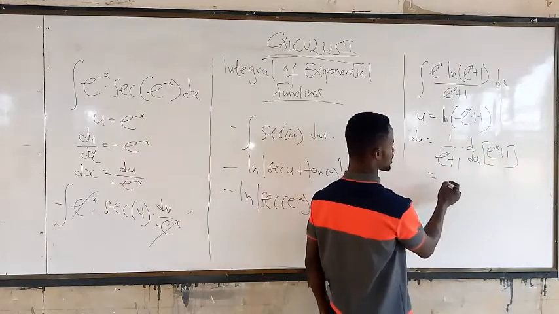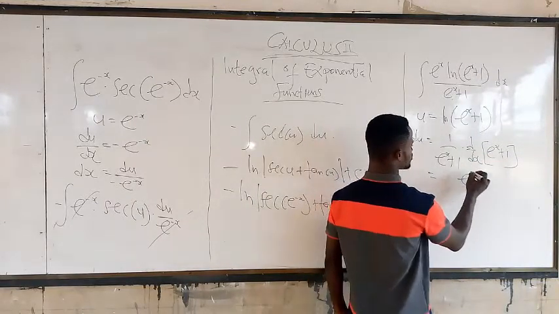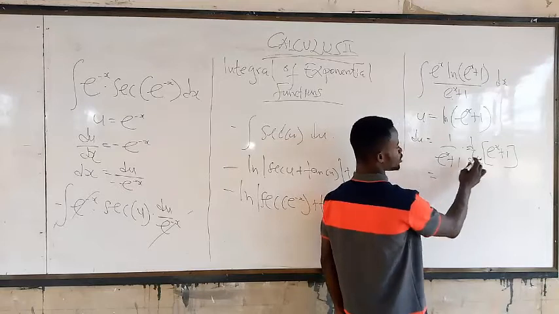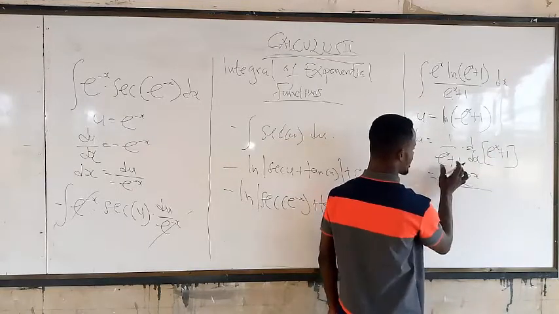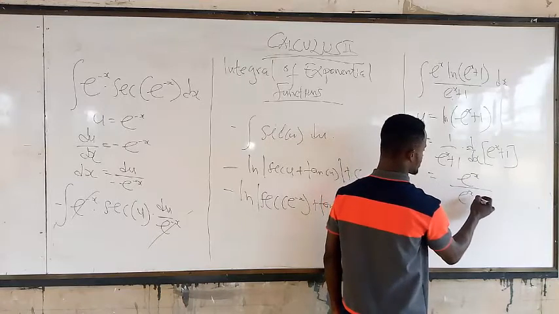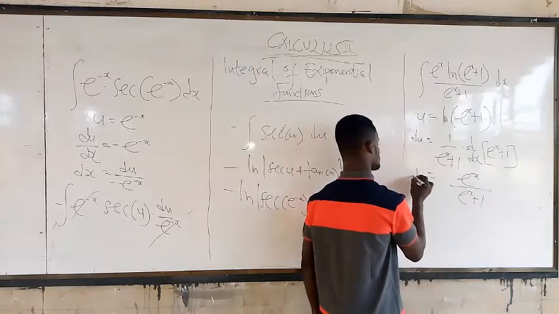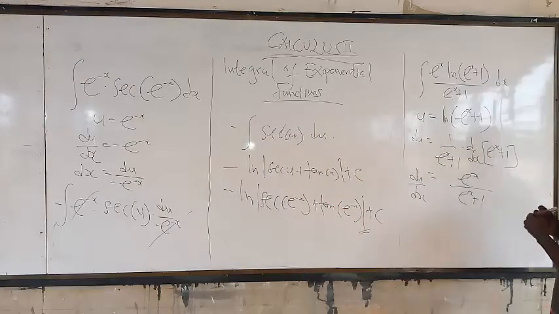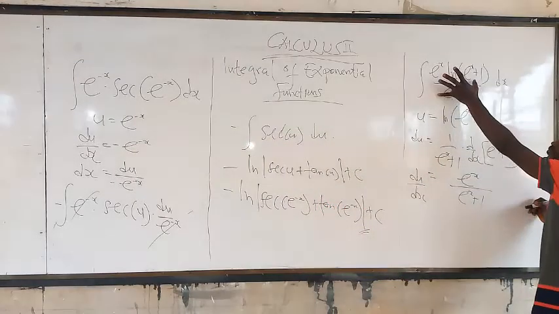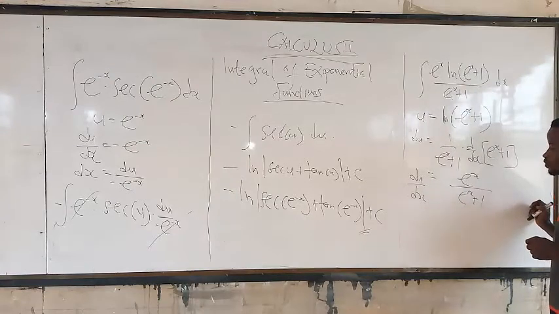So here, when you differentiate this, you are going to get e^s over e^s + 1. Now, you can see that our result is embedded in the integral function.